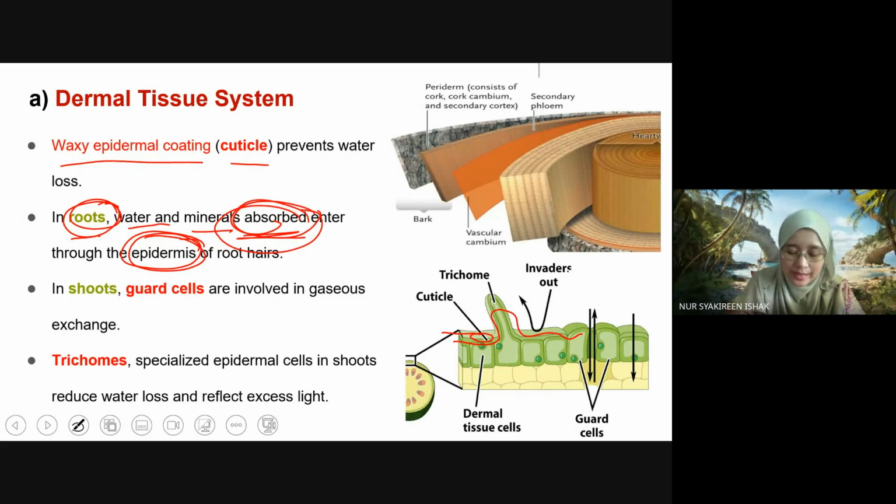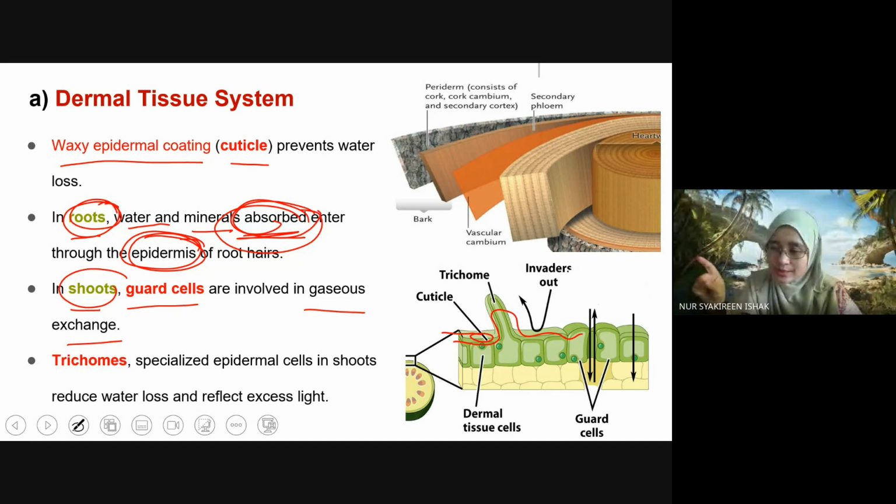So if the epidermis layer, the dermal tissue, is found in the shoots, it has guard cells. Okay, guard cells for gaseous exchange. Kan? So pada bahagian tumbuhan yang ada shoots, daun yang muda-muda tu ataupun daun itself, it has guard cells for gas exchange. So these are some functions of the dermal tissue: for absorption, for protection, for prevention of water loss, for gaseous exchange.